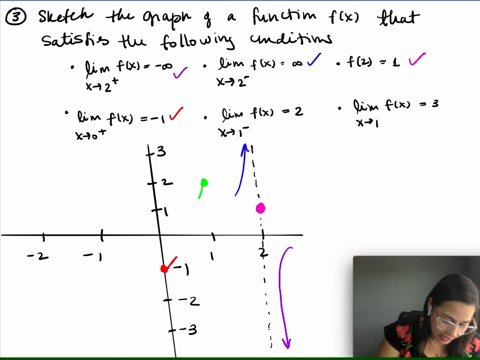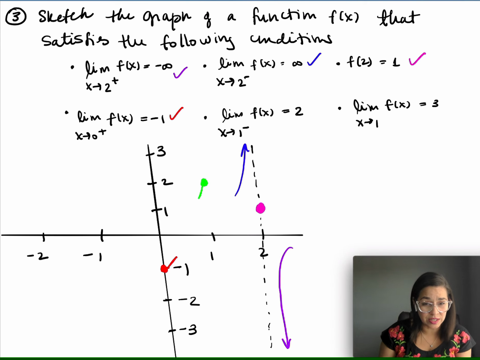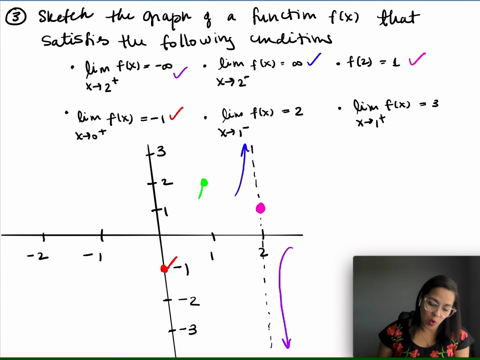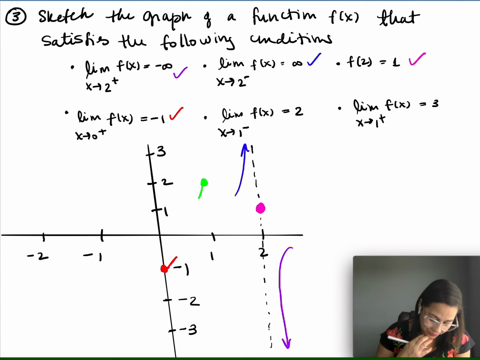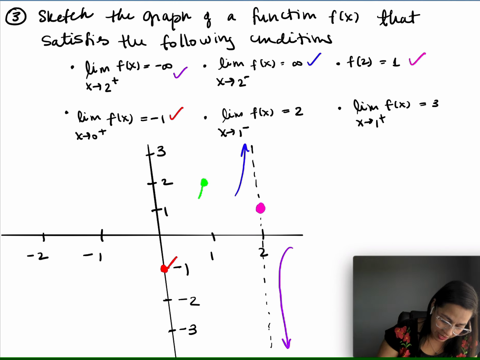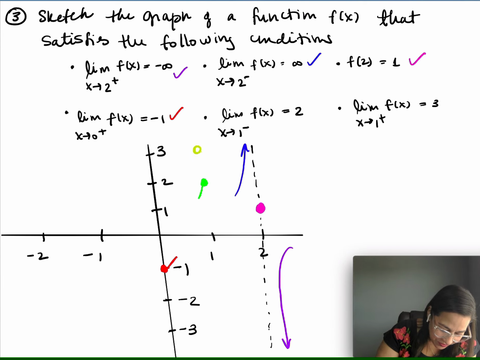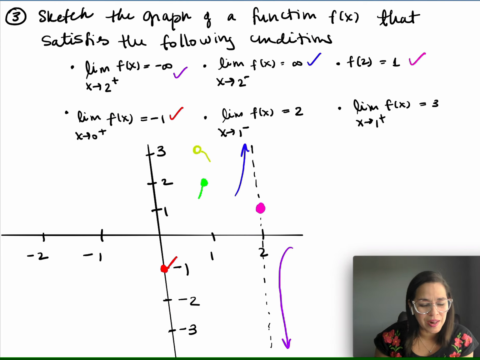And then from the right, and I guess this is a typo, right? Because if the limit exists, then it's unique. So I'm guessing this is from the right. So the limit as x goes to 1 from the right is equal to 3. So if I'm approaching 1 from the right, it has to take me to 3. And then obviously I'm going to leave it open because otherwise it's not a function, okay?